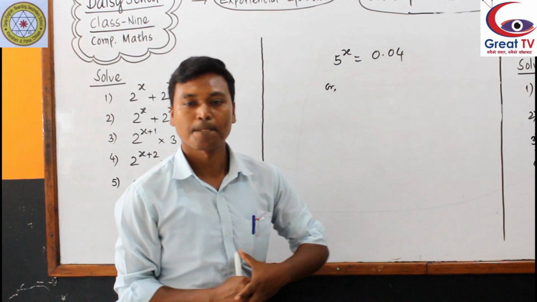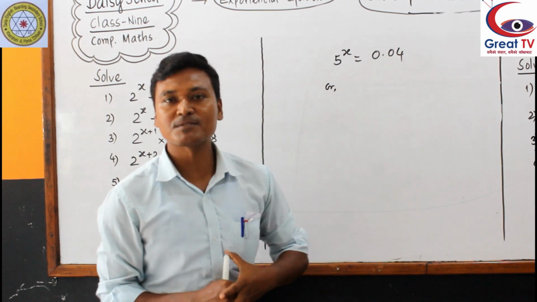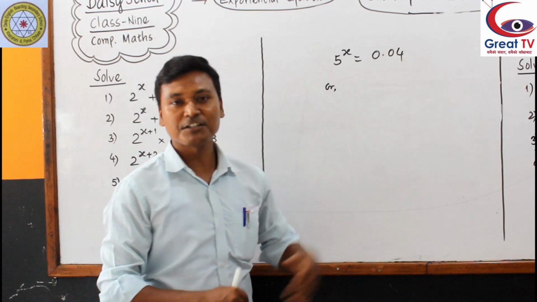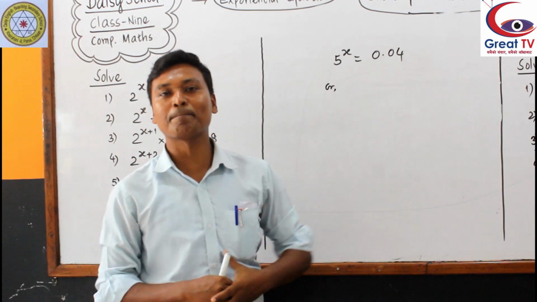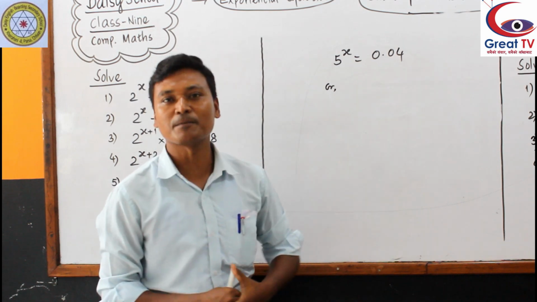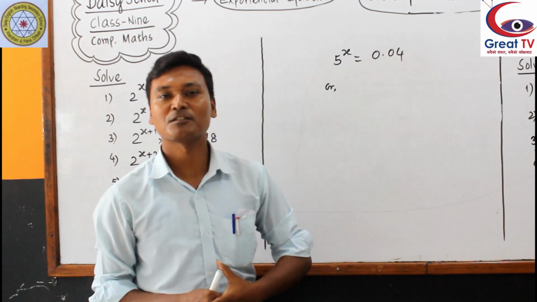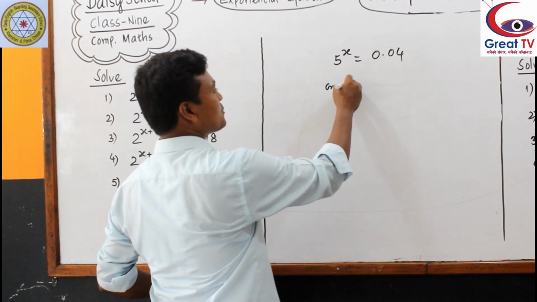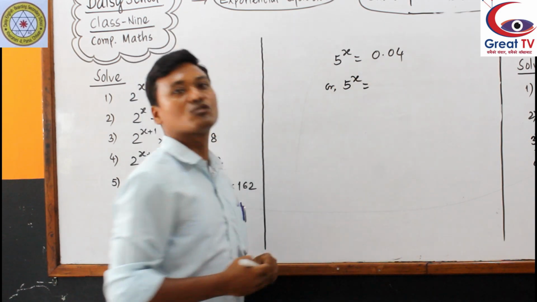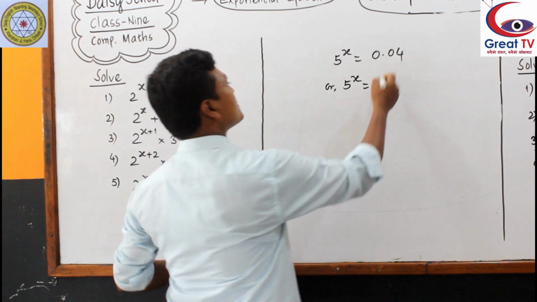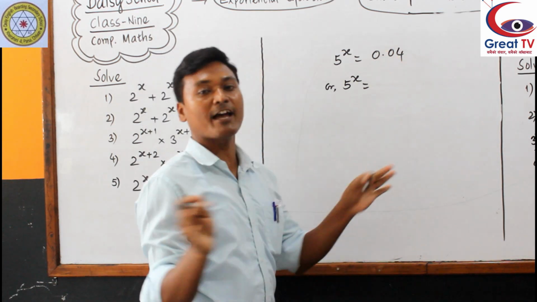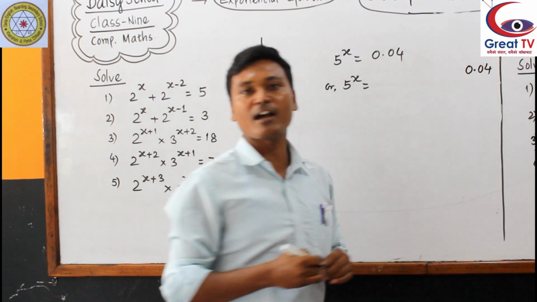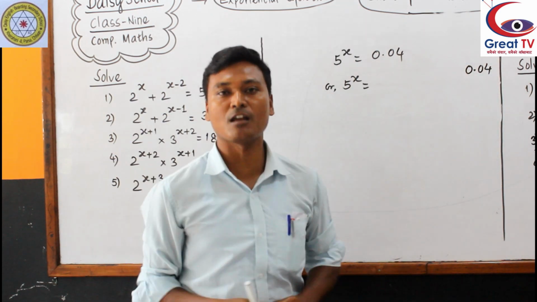While solving problems related to exponential equations, the main idea is making the same base, using the concept: if the bases are same, the powers are equal. We use that concept the most. So for 5 to the power x, if we have this type of question, don't take tension. Change it into a fraction. You know very well the concept of changing a decimal number into a fraction. You read it already in your previous classes.